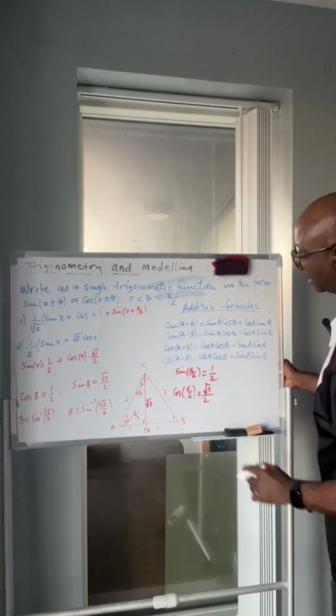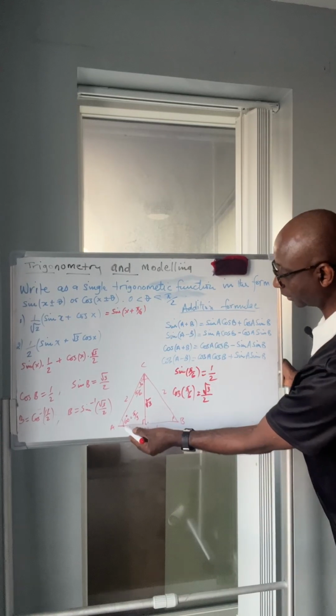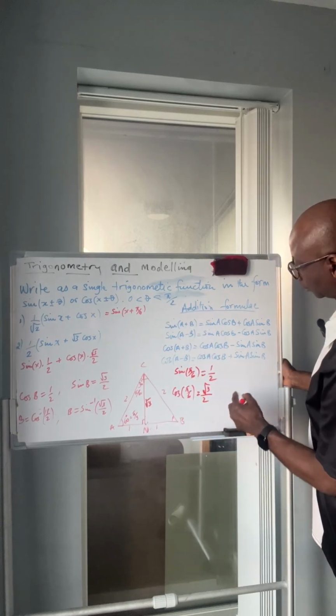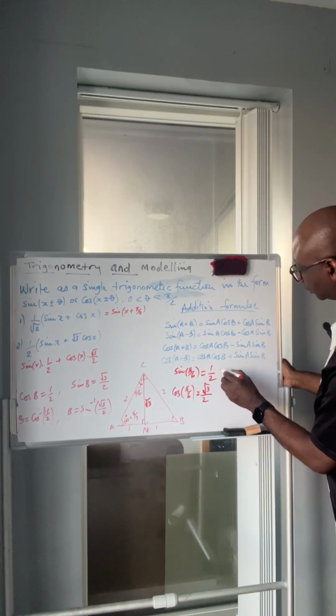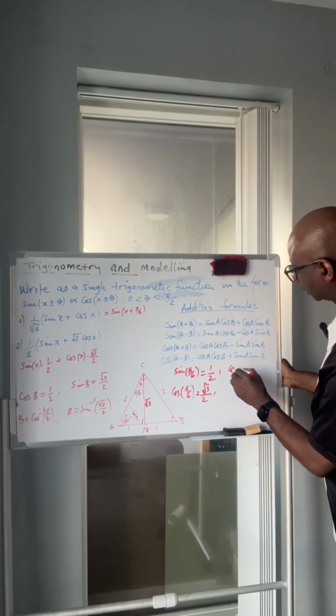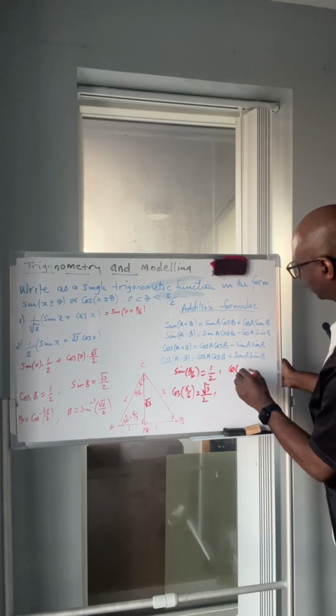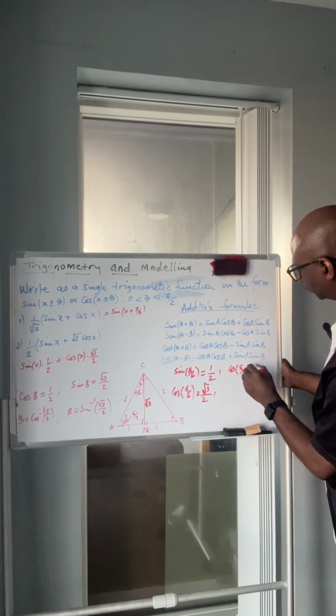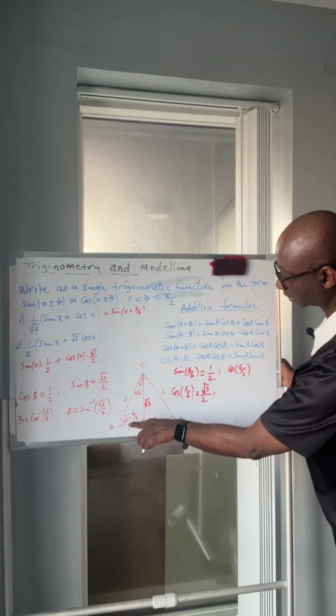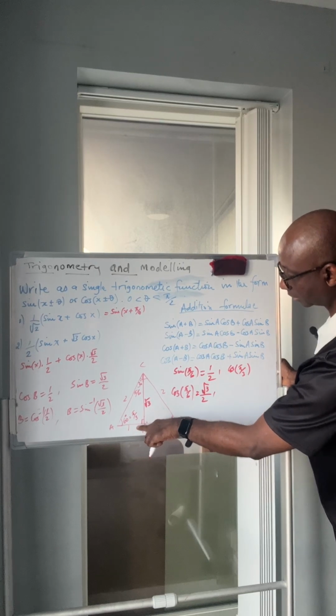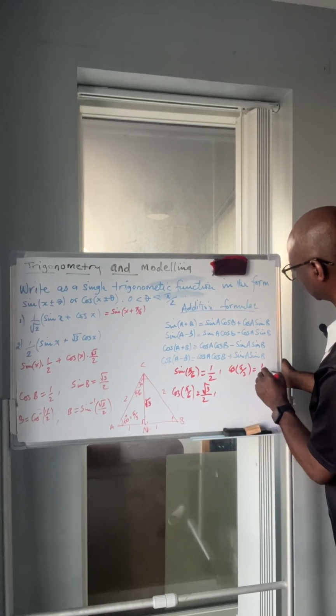So let's stop there. What about cos 60 degrees, which is cos pi over 3? Cos is adjacent all over hypotenuse, which is 1/2.